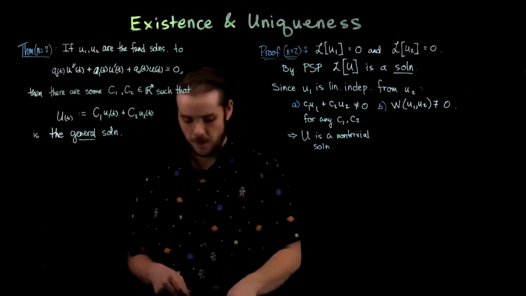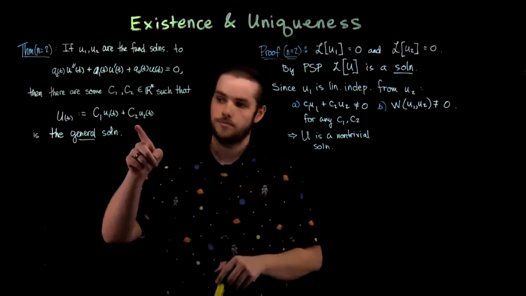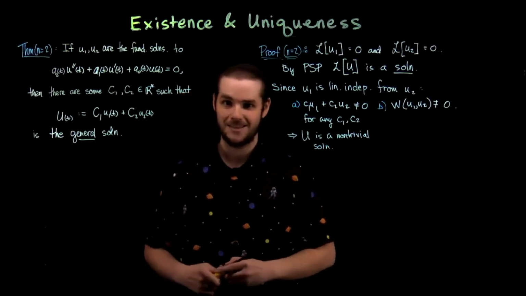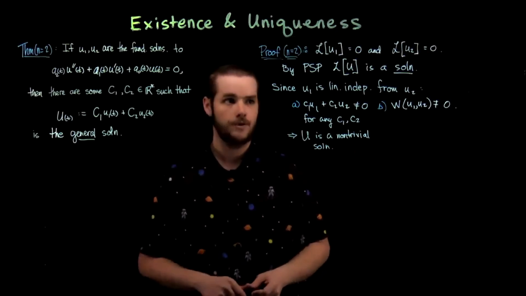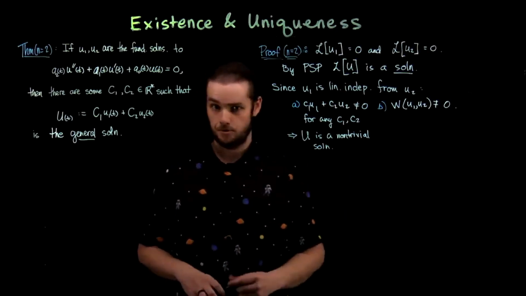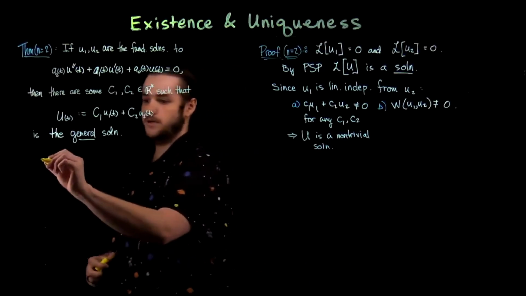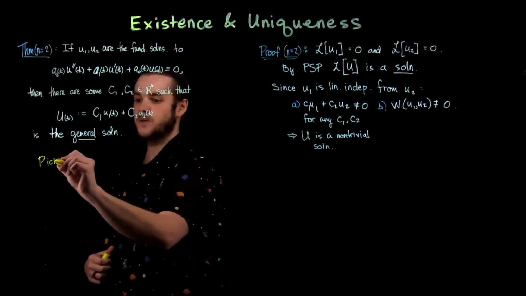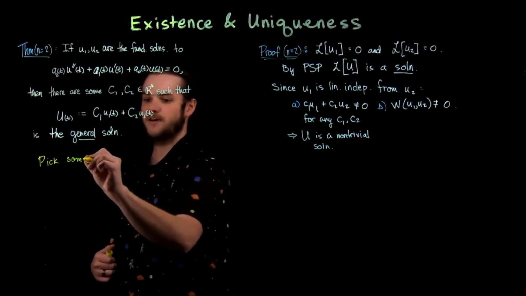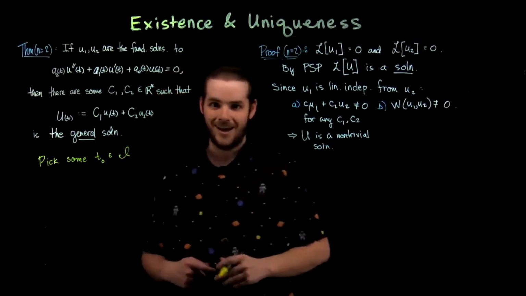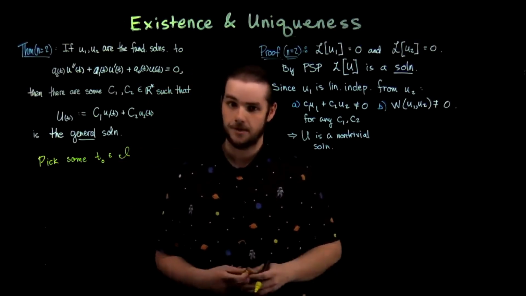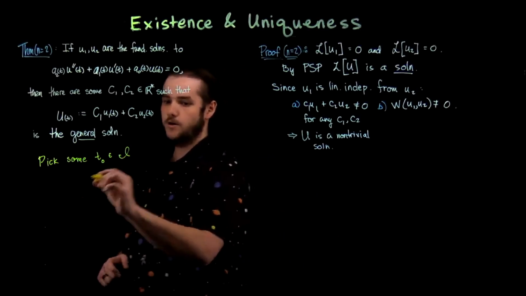In order to see the importance of this piece, though, I need to rephrase my problem just a little bit. Now, if U, my general solution here, is a well-defined function, we've already said it's not a trivial solution, we've already said that it is a solution on I, then if I pick some t value, I'll call it t naught in I, I can artificially define some initial conditions, right?